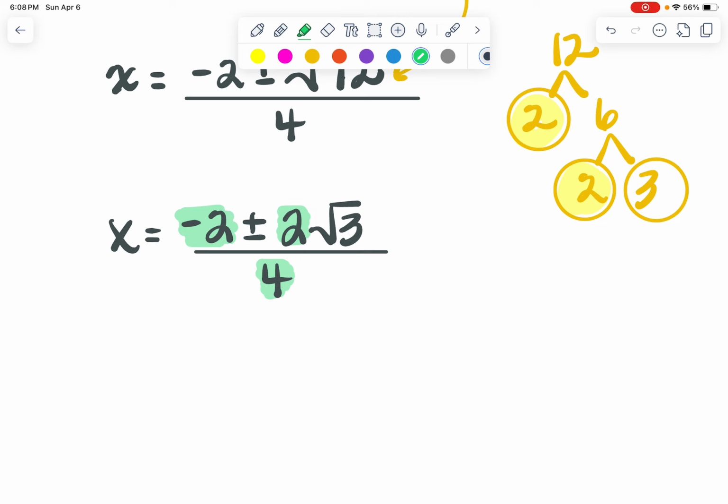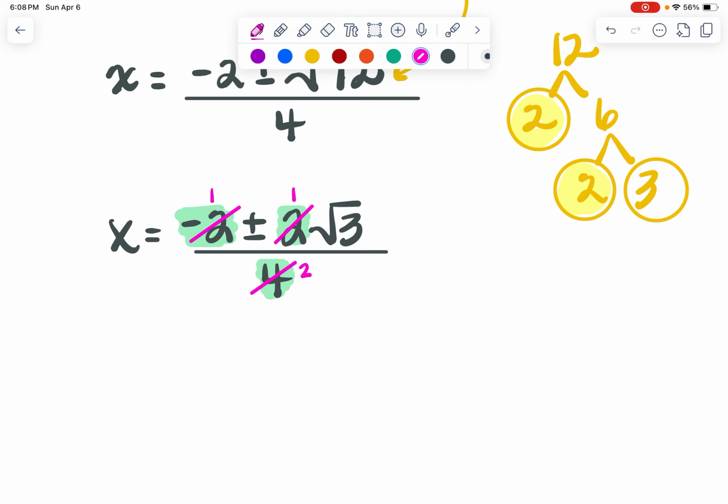So is there a number that will go into 2, 2, and 4? And I'm hoping you're thinking, yes, Ms. Jester, I can divide all of those by 2, right? And so if I divide them all by 2, 2 divided by 2 is 1. 2 divided by 2 is 1. And 4 divided by 2 is 2.